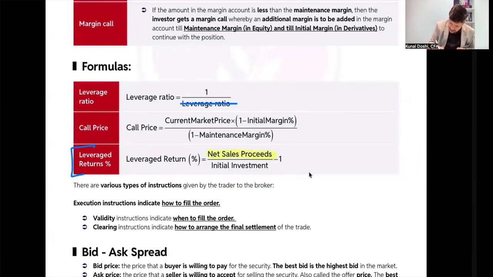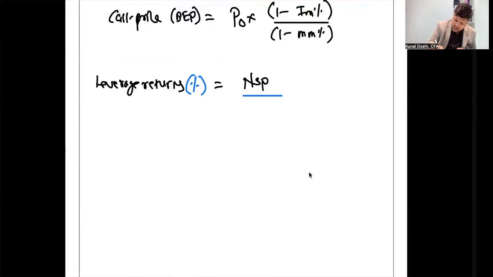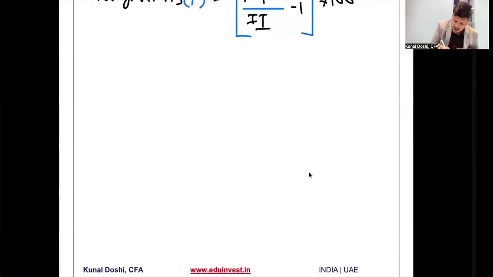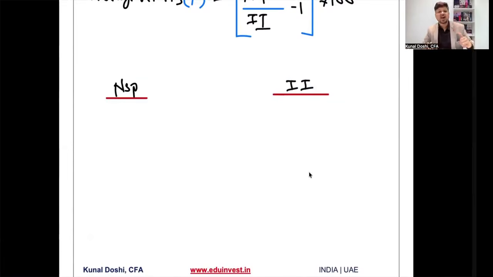So NSP, net sale proceeds, over initial investment, that is ending over beginning, minus 1 into 100. Simple formula it is. Ending over beginning minus 1 into 100. The name changes, but then definitely your mind will be like, sir, what goes into NSP and initial investment? So now I will write what goes into NSP and what goes into initial investment. I'll repeat: NSP is net sale proceeds and initial investment is your initial cash outflow.